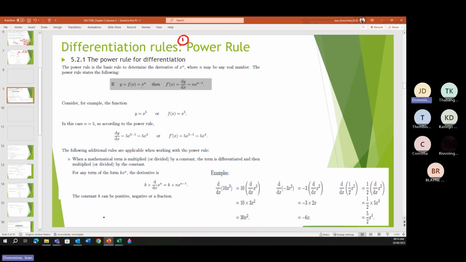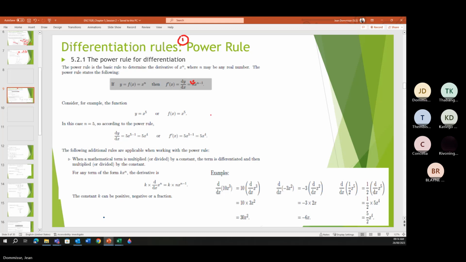The power rule basically says that when we differentiate, we take the power that x was raised to up to the front, and then from that power you subtract 1.